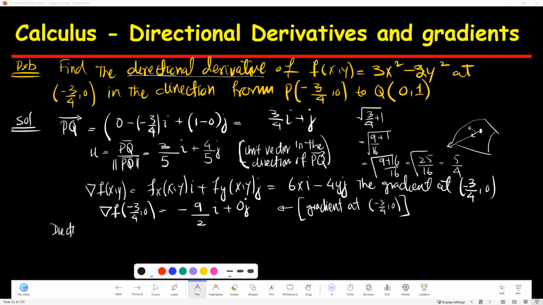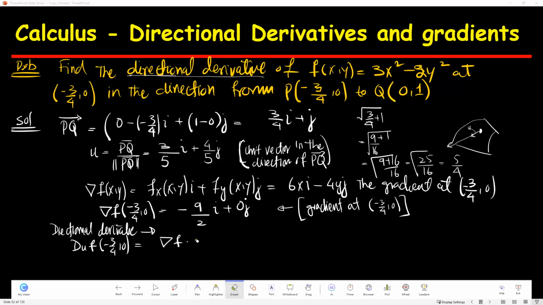Since I have limited space, I'm going to write here the directional derivative, D_u f at minus 3 over 4. I used to write it like this, but since we have limited space, I can just write the coordinate of my point, dot the gradient.